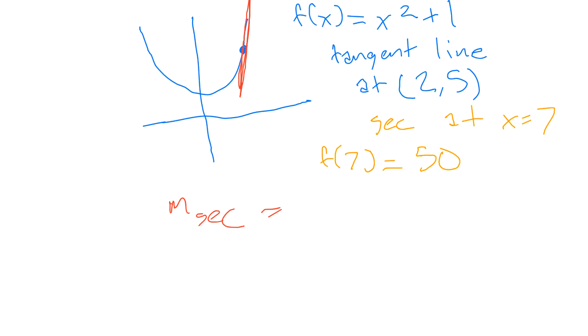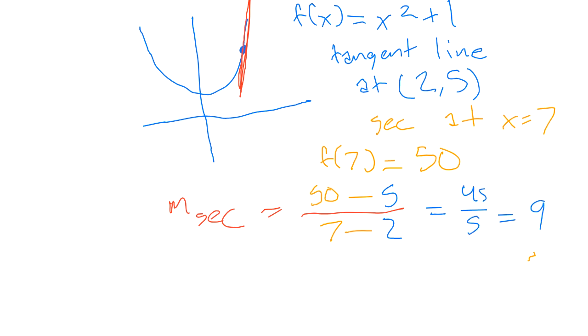So we're going to have 50 minus 5 over 7 minus 2. And then that's going to go ahead and get us 45 over 5. So therefore, the slope of our tangent line would be 9, or our approximation.